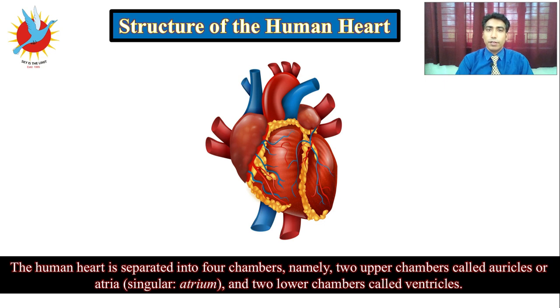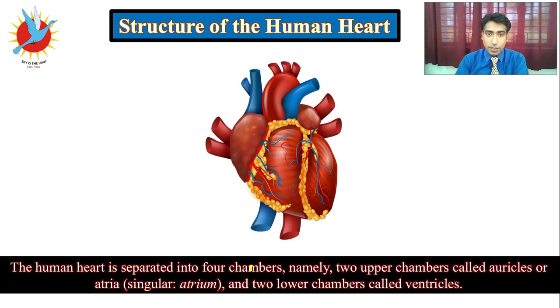Now we are going to discuss the structure of the human heart. Dear students, this is a very important topic, so kindly pay attention to understand it in a very easy manner. The human heart is separated into four chambers: the two upper chambers are called auricles or atria and the lower chambers are called the ventricles.